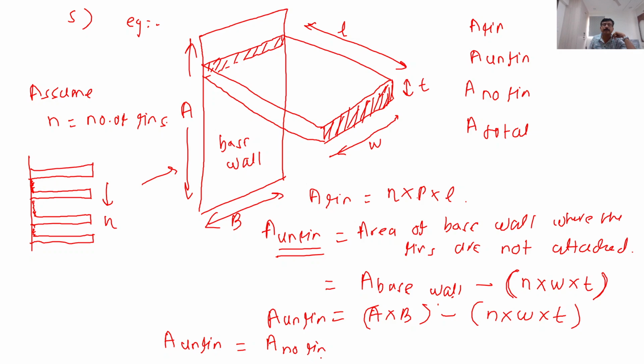No fin means area of the base wall when the fins are not available. It is a bare wall. Bare wall means fins are not there. Only wall is there. That is A no fin, minus N into, what is W into T? W into T is nothing but the cross-sectional area, capital A. So N into A. Remember this. So A no fin minus N into A. This becomes the formula for A unfin. So remember this formula only.